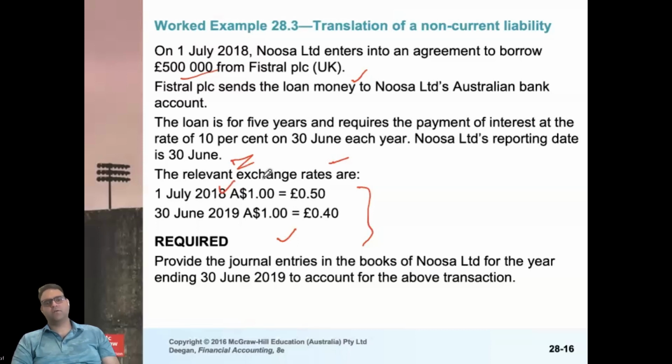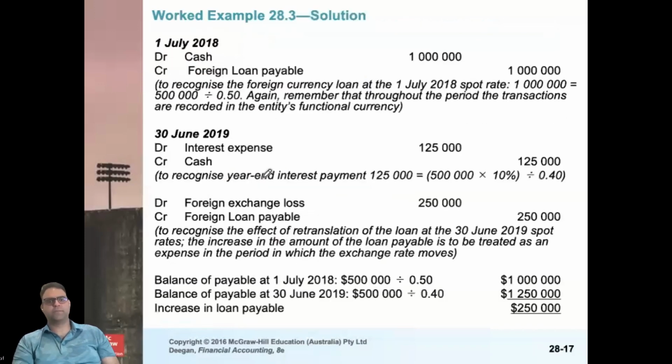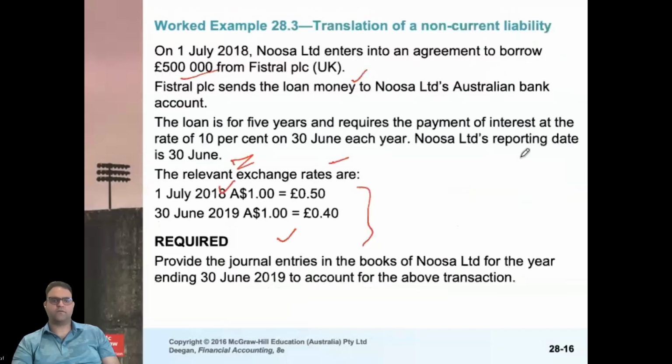So let's see how we're going to deal with the interest on the foreign exchange. First of all, we receive cash, very simple, cash for whatever the foreign loan is. Then after a year, there is a fluctuation. You need to pay 10% interest. The rate has changed from 0.5 pound to 0.4 pound.